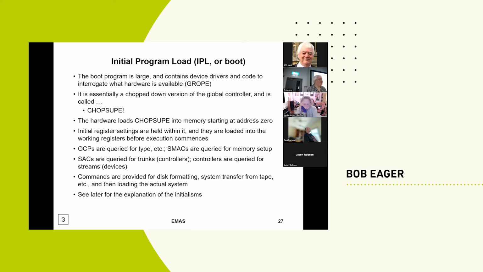And then it asks the controllers, like the disk controller, what sort of disks you've got, how big are they? And ChopSupi contains a lot more. It contains stuff for formatting a disk. And you can transfer an operating system from tape and then load the actual system. That's how you install it. You load ChopSupi from tape, you tell it to copy the tape to the disk, and then you start it from the disk.